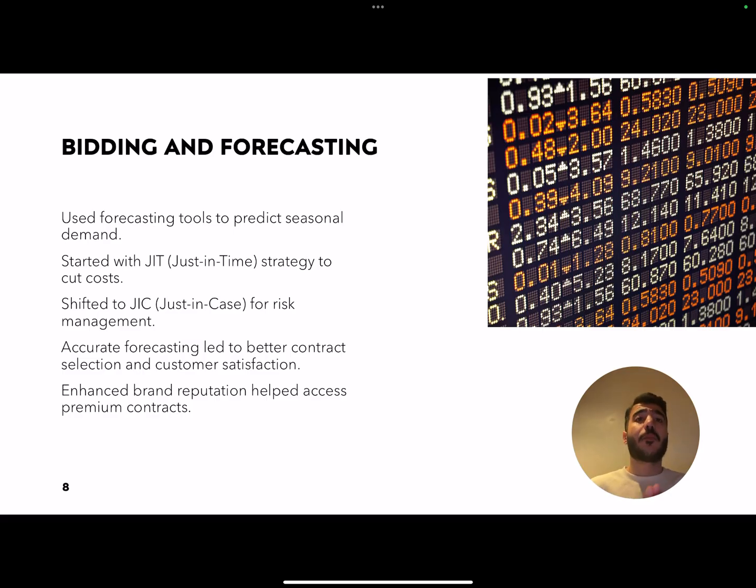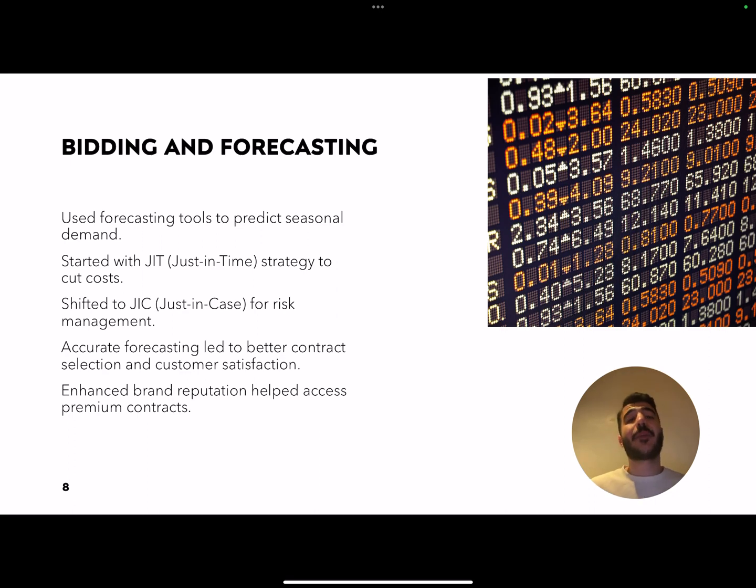So I analyzed market trends to select which seasonal contracts to pursue and ensure material orders matched forecasted needs. I initially implemented a just-in-time strategy to reduce holding costs. However, after facing delays due to lead times, I shifted toward just-in-case, which is the JIC model, ordering materials earlier to ensure buffer stock. This strategy transition reduced the risk of late deliveries and improved control over fulfillment.